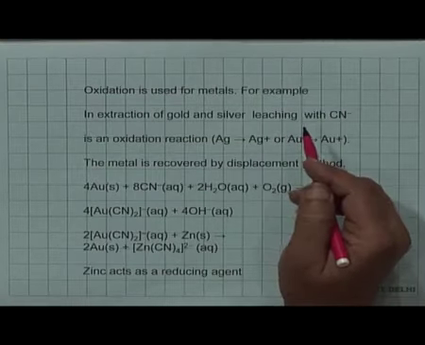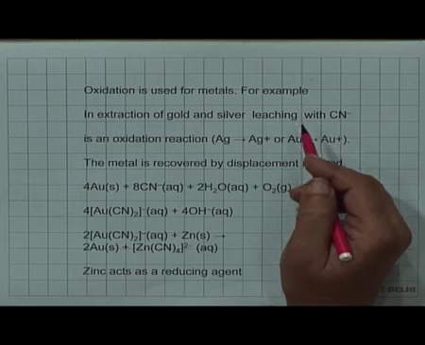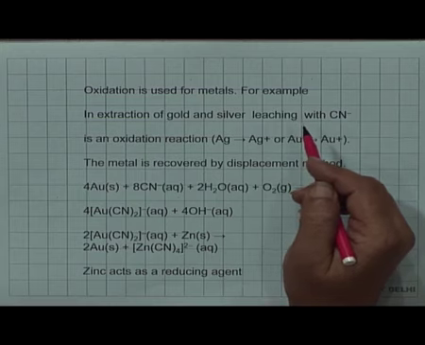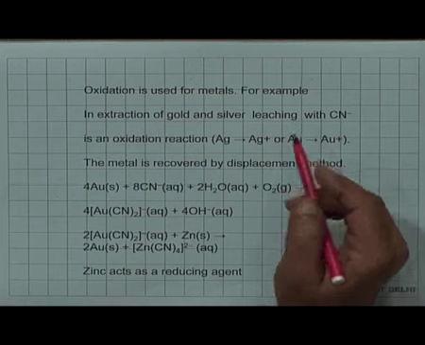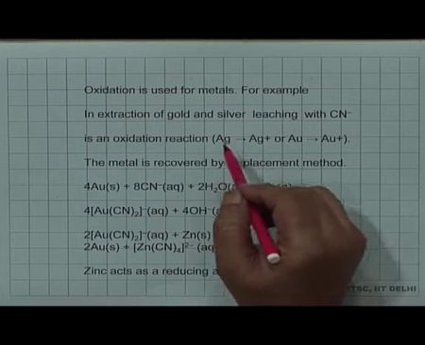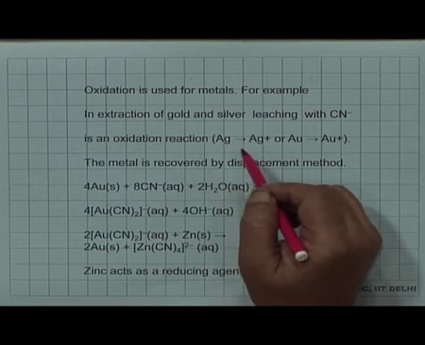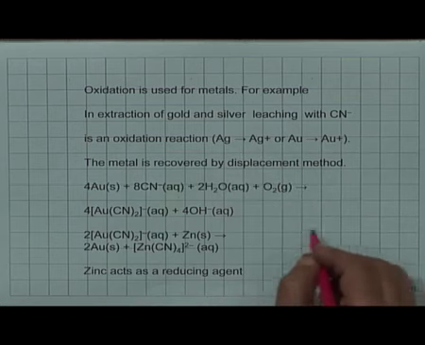The oxidation is not limited to non-metals. It is also known that some metal may be obtained from the ore by using oxidation process. Silver and gold, these two precious metals are present in the earth crust in native form.